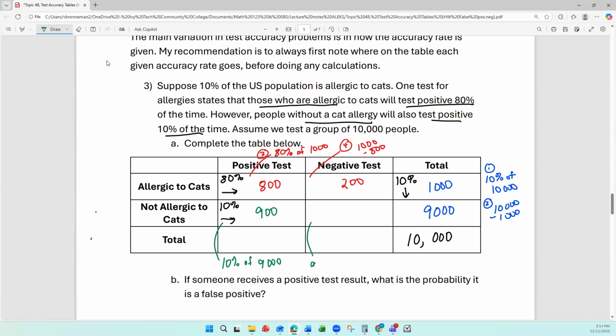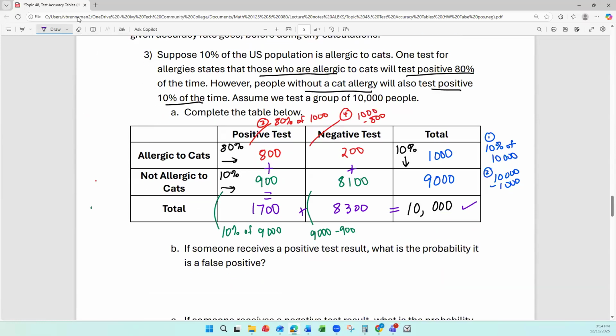And the rest of the 9,000, 8,100 people, get a correct negative test. And so there are a total of 1,700 positive tests handed out and 8,300 negative tests. 1,700 and 8,300 add up to 10,000 as a final check.